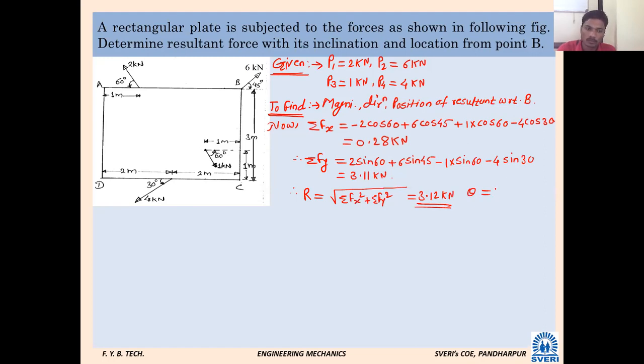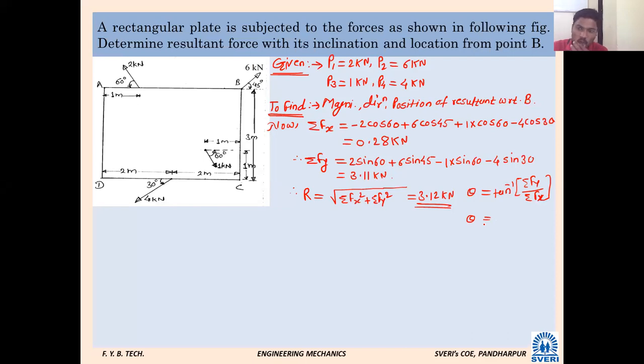Summation Fy divided by Fx equal to how much? 84.85. Any other? Check. 85.03, someone?